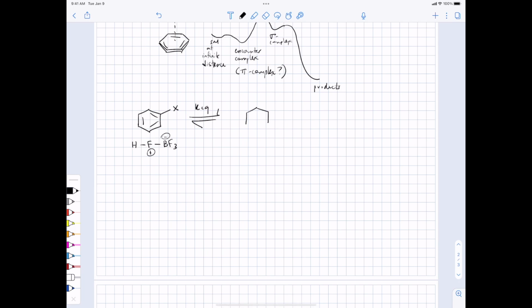That will place a proton on whatever that carbon is that has the substituent.